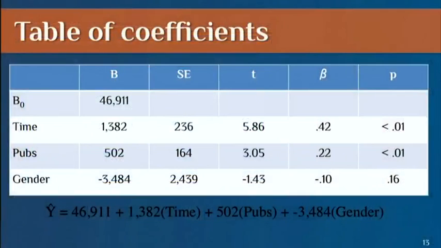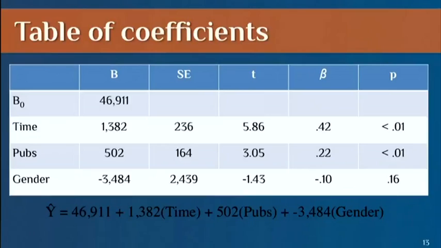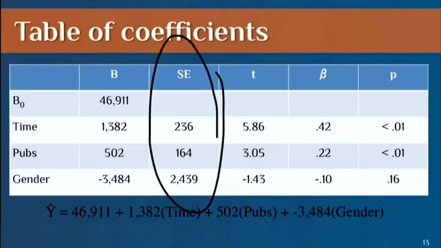You'll see first the unstandardized coefficients. So that's in the first column. Those are unstandardized coefficients. So to be clear, 46,911, that's the predicted score on Y when all X are 0. And these are the individual slopes for each predictor. You have a standard error associated with each one of those.